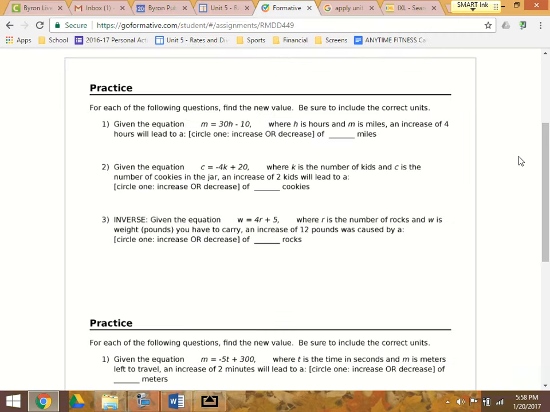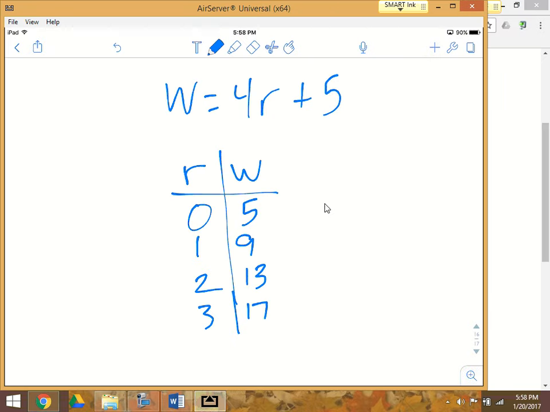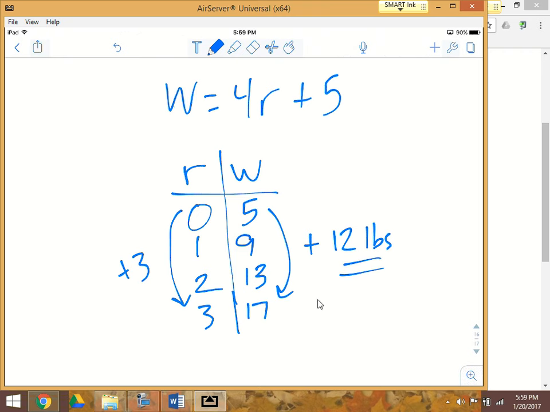And that's what the question was asking for, an increase of 12 pounds. All right, so let's figure this out. 0 rocks to 3, so that's an increase of 3 rocks. And 5 to 17, that's an increase of 12 pounds. And that's what I was looking for.